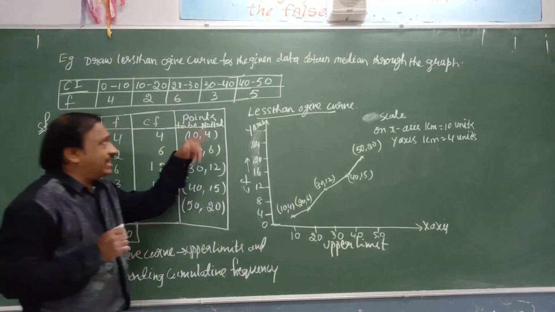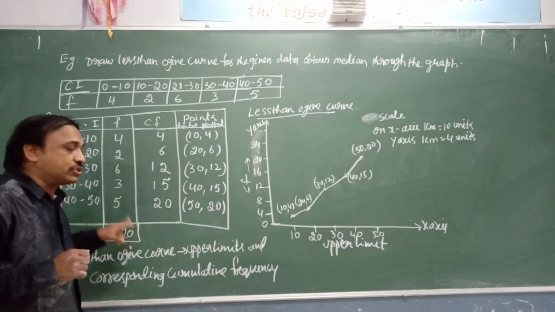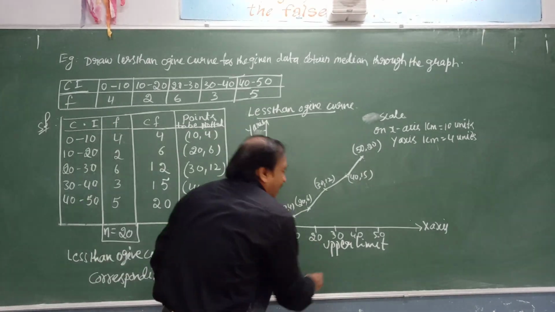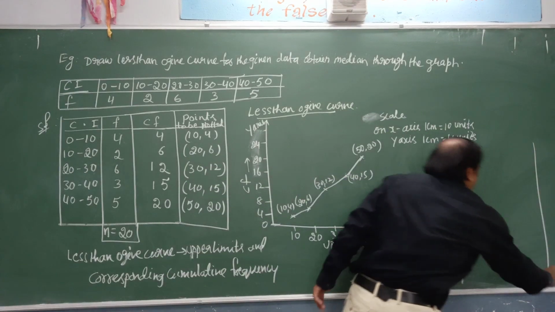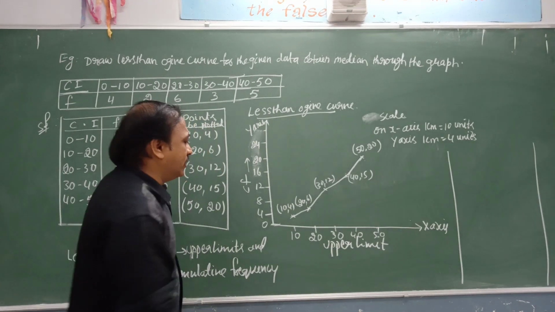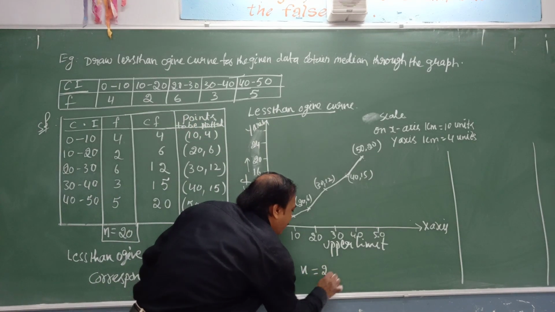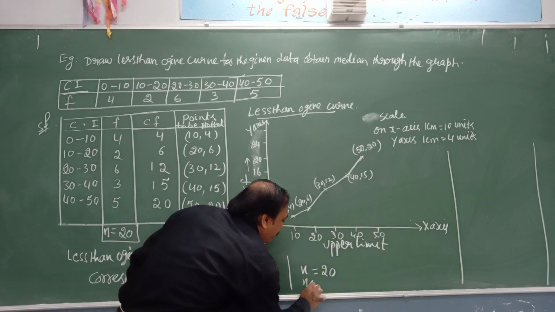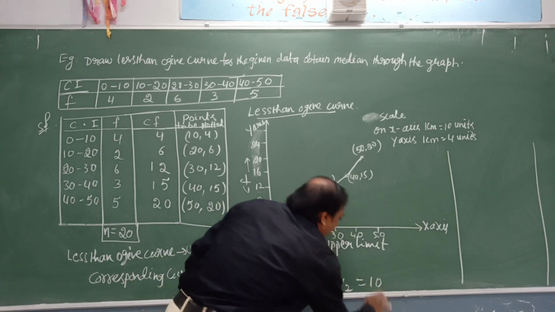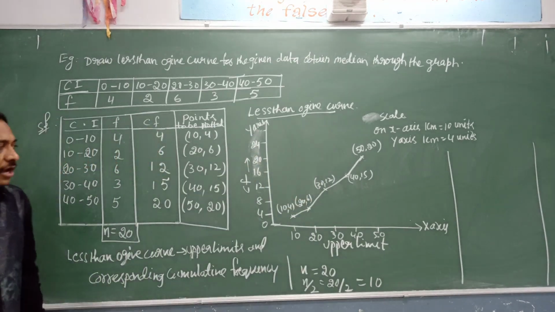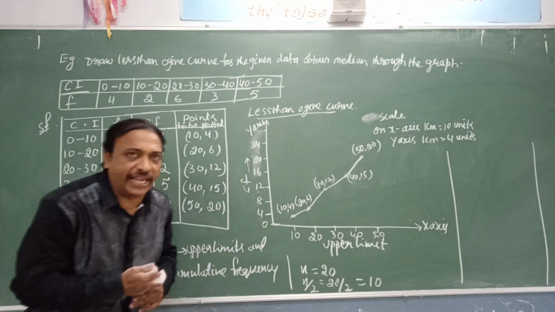Now how to obtain the median? You see the total frequency, n value, is 20. So here I will do the calculation part. n by 2, where n is equal to 20. Calculate n by 2, which is 20 by 2, which is 10. Observe it. To get the median, this is the procedure we are following.